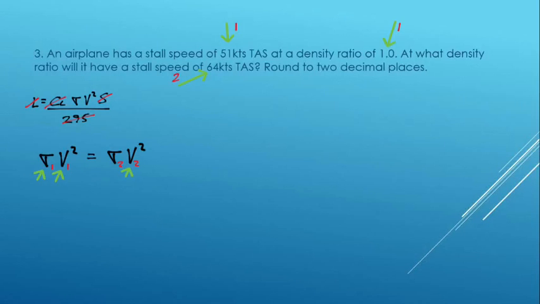So we have a formula that we can set up like this, with three knowns. The green arrows are showing what we know, and then we algebraically solve that for density ratio of condition 2. So we're going to solve that formula for that unknown.